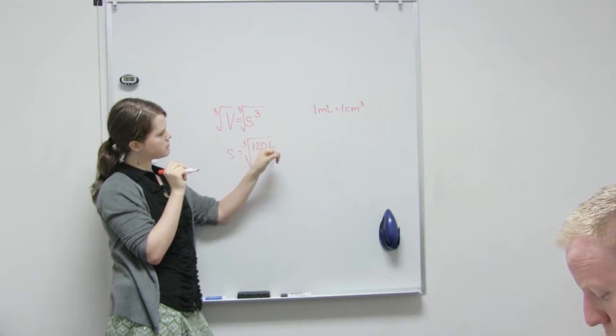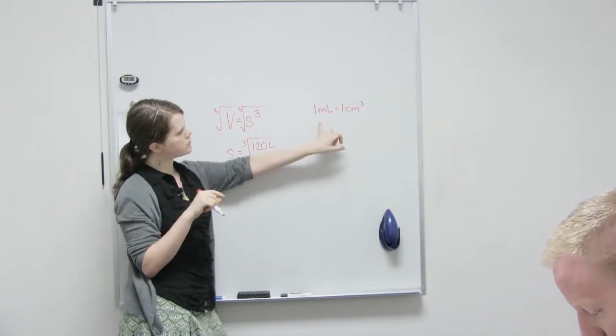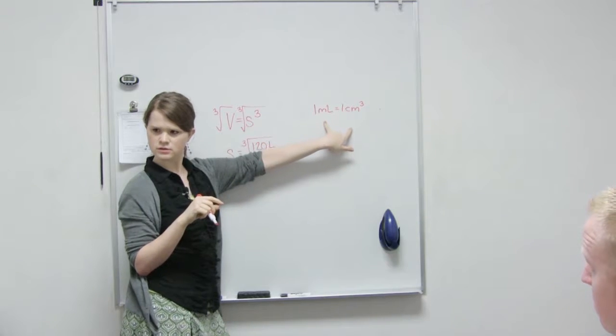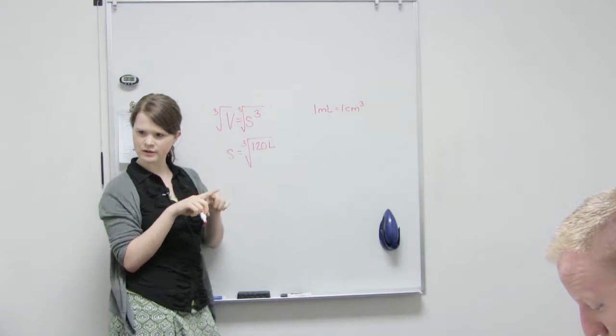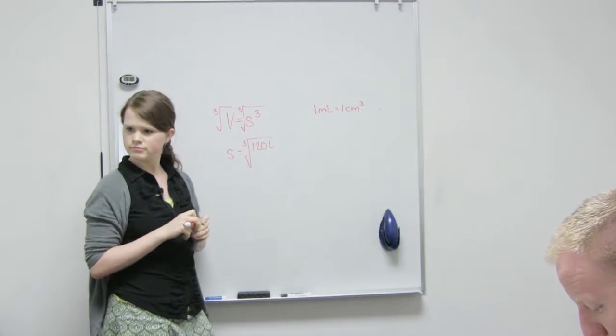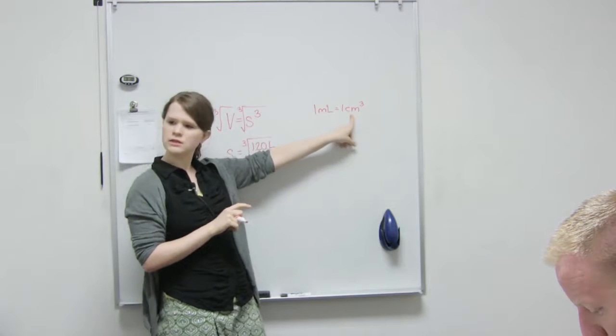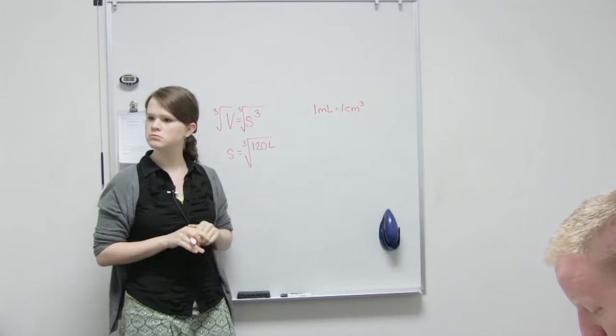So we can get from liters to milliliters, and then from milliliters to centimeters cubed. That's our little bridge from this one country to the next. And once we cube root it, we'll get just centimeters, and then we can convert those centimeters to meters. And then you have your answer.